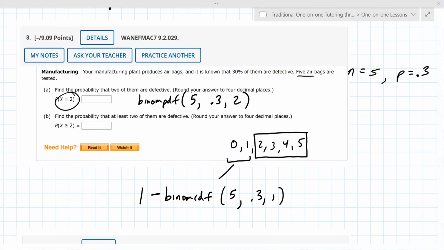All right, so 1 minus P binom, probability equals 0.3, size equals 5. So I got 0.4718. Okay. I must have done something wrong.